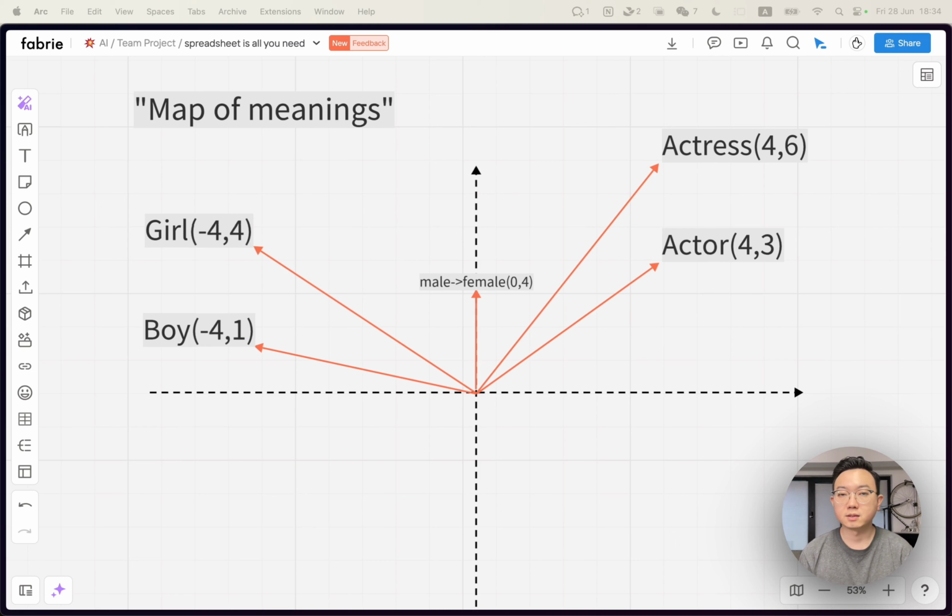And what you notice is that these are vectors pointing in different directions with different lengths, in a way that this particular location on this 2D plane actually means actor. And different positions will have different meanings. And then you can store tokens into this library or dictionary.